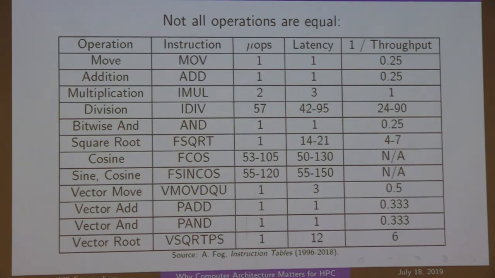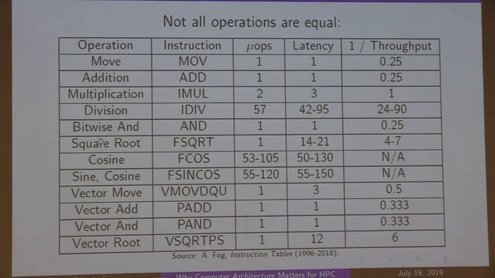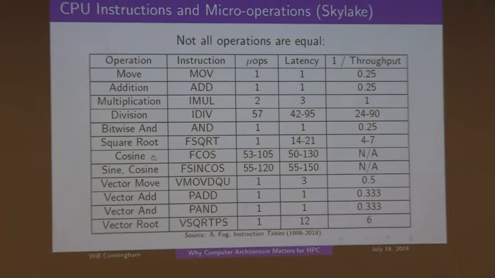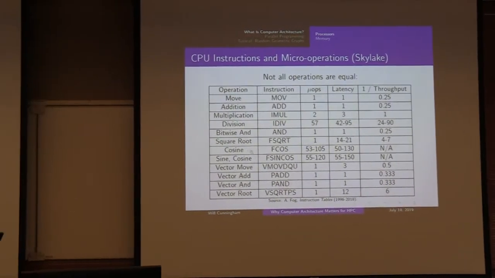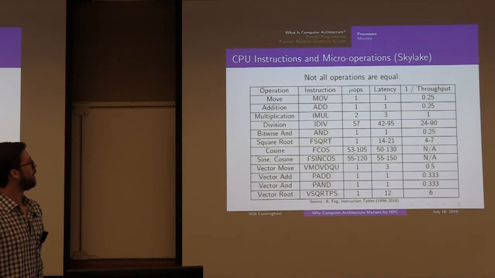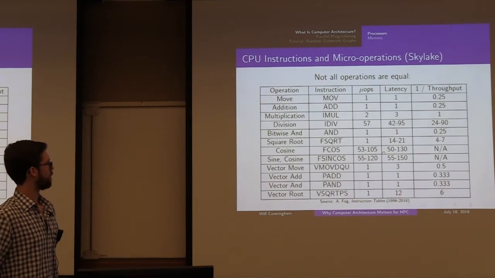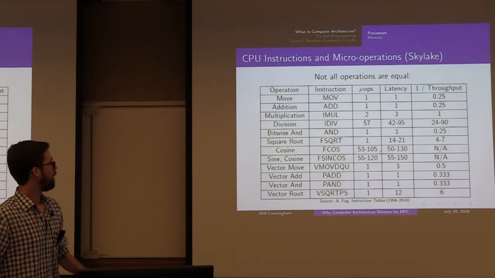That's something to keep in mind. If you're doing any bitwise operations, so a logical operation, AND, OR, XOR, that's going to be very efficient. If you're doing something higher level, like trigonometry, sine and cosine, you can end up taking dozens or hundreds of clock cycles.